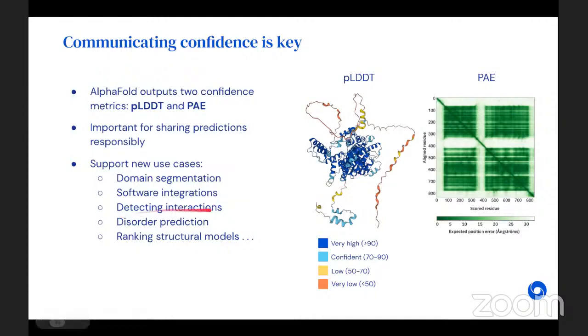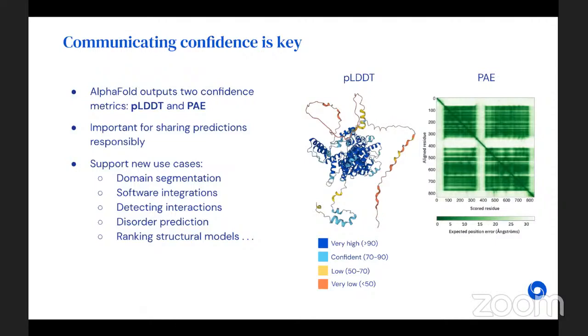Detecting interactions, since the PAE maps often correspond to interactions. But also disorder prediction: if you have something like this, which looks like not a protein, oftentimes this is highly correlated with disorder, so proteins which don't have actual structure.